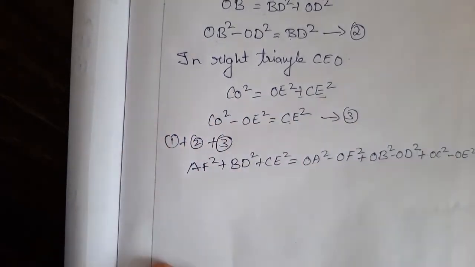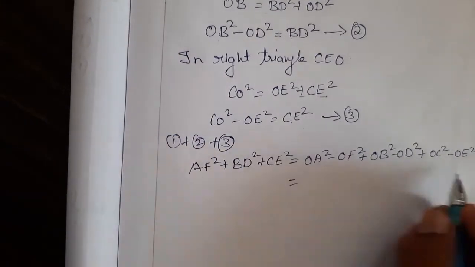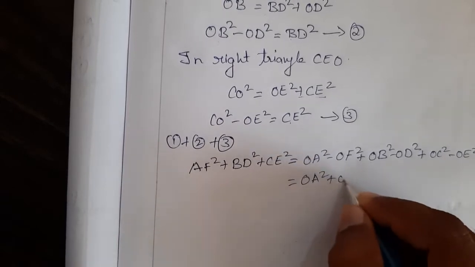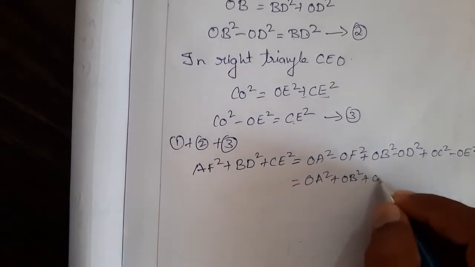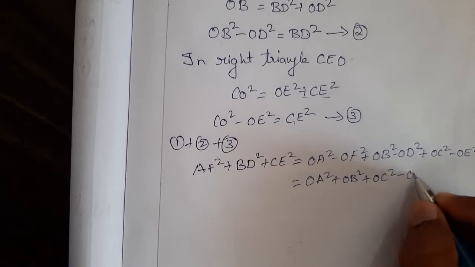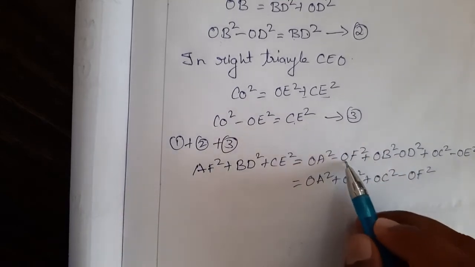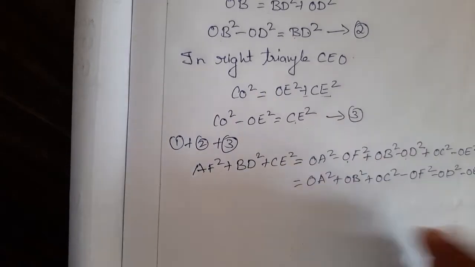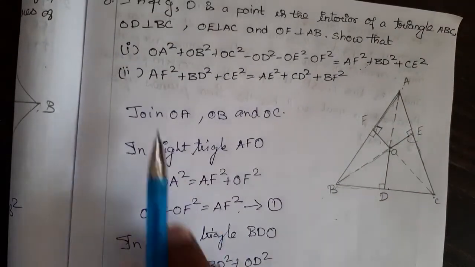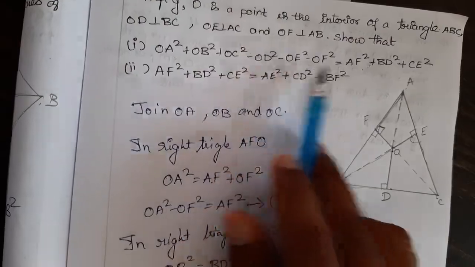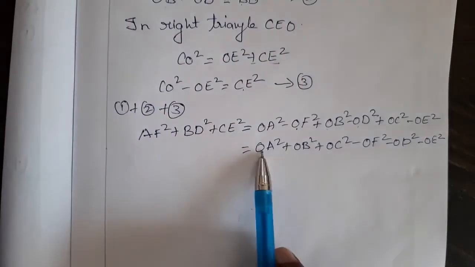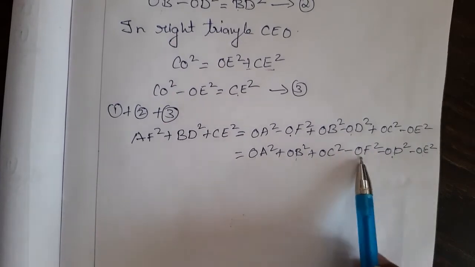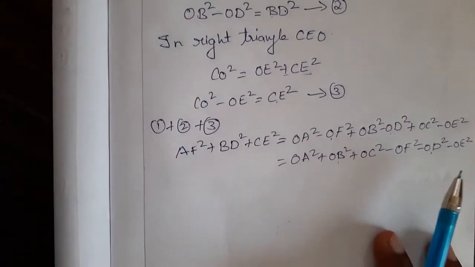I think this is what we have to prove, right? This we rewrite with addition on one side and subtraction at the last: OA square plus OB square plus OC square minus OF square minus OD square minus OE square, right? This is what we have to prove. The order is changed, but it's right.